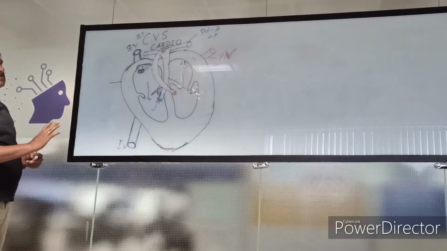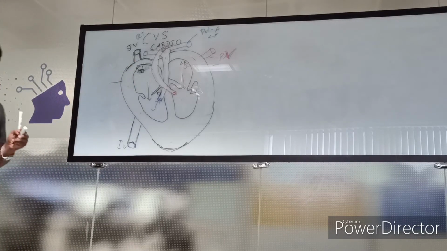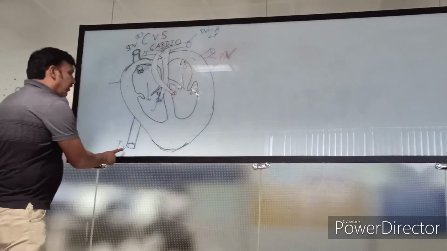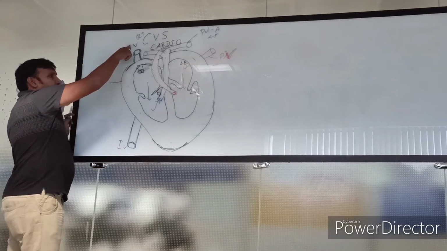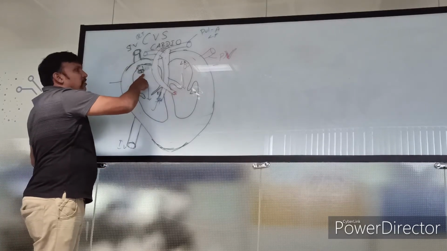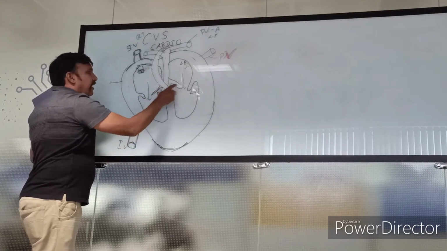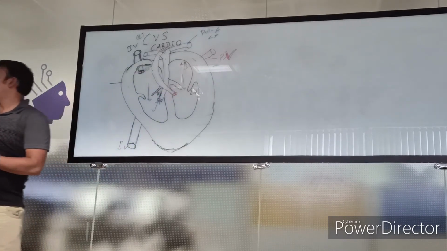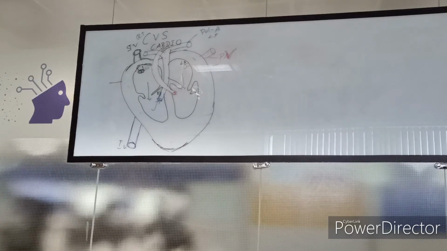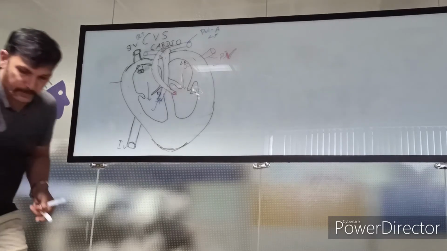This diagram is important for you to understand. I repeat: inferior vena cava, superior vena cava, opens into the right atrium, diastole happens, and there is a valve here. I'll mention it here: the tricuspid valve.